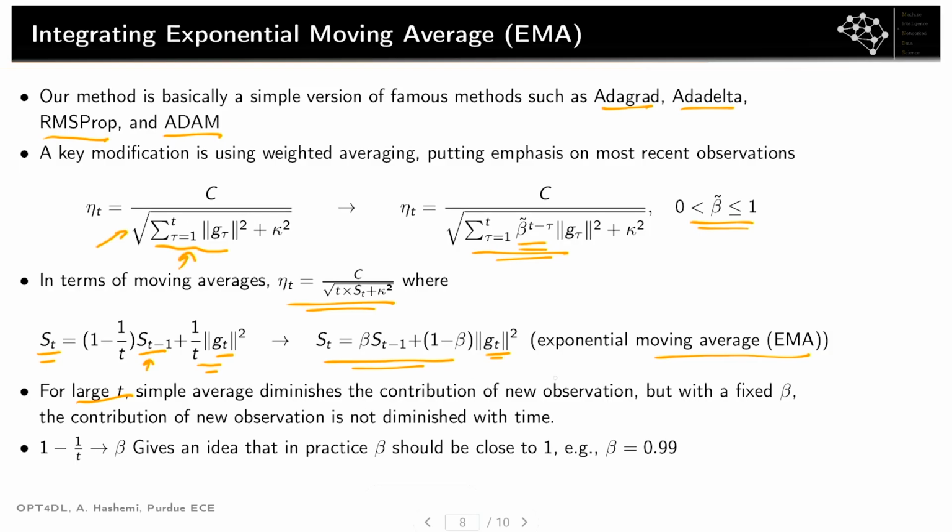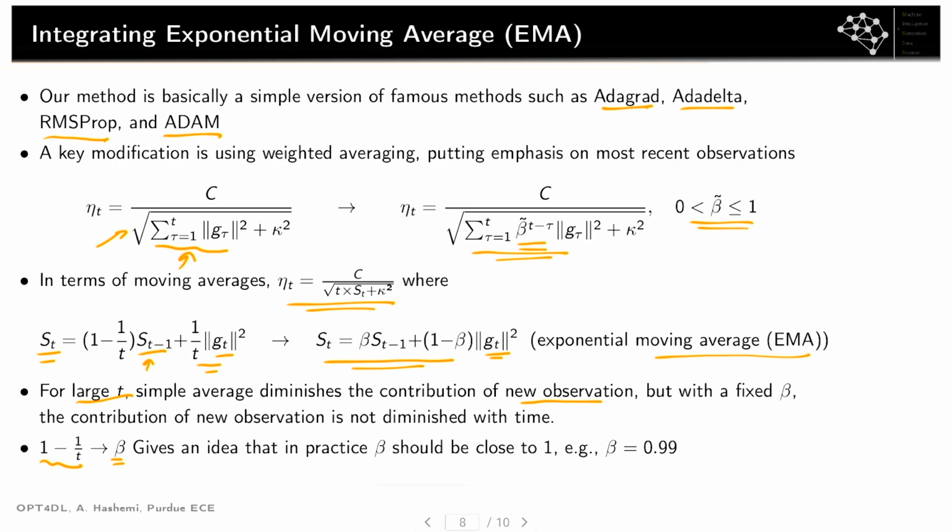So I'm diminishing the contribution of the new observation as t increases. On the other hand, if I use a fixed beta that doesn't change with time, I will make sure that the contribution of the new observations is not diminished with time. So in particular, I'm replacing 1 minus eta_t with beta. But nonetheless, because 1 over t is a small number, this gives you an idea of what kind of beta you should use in practice.